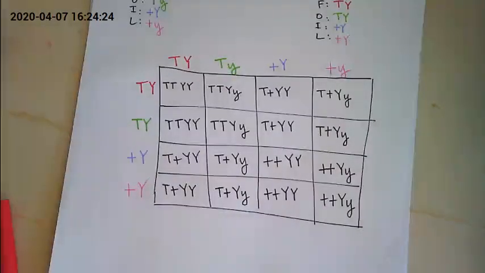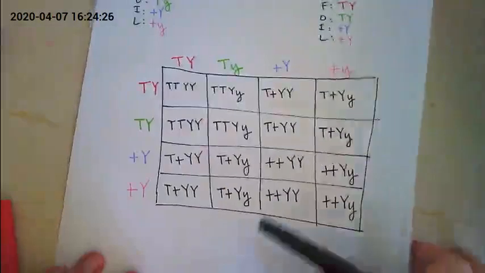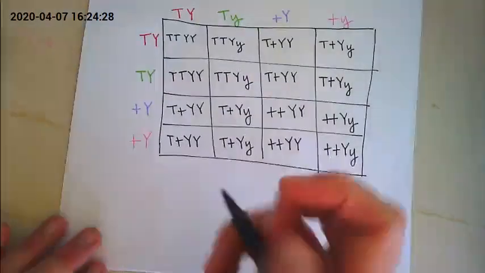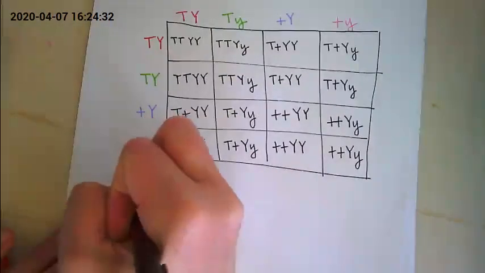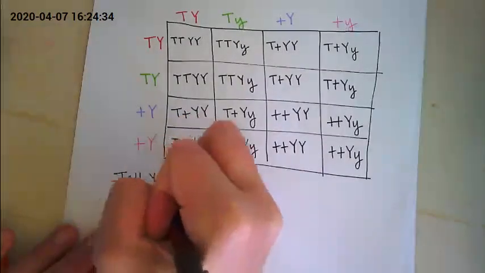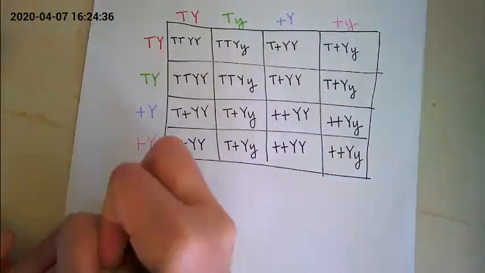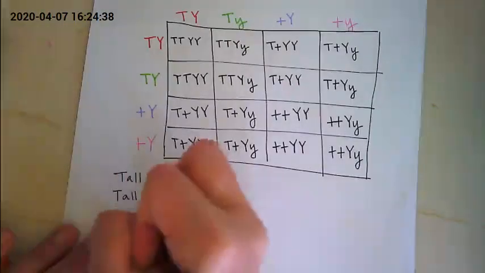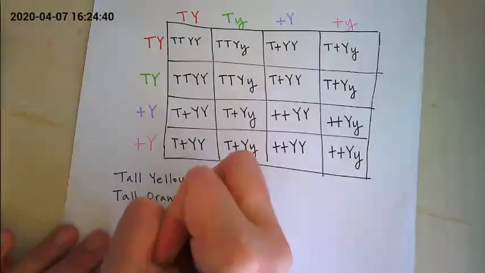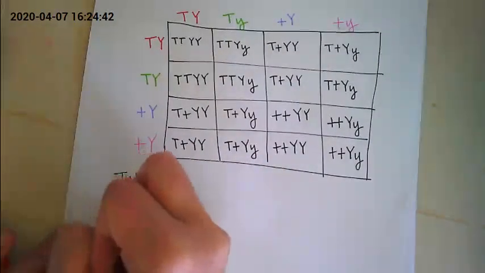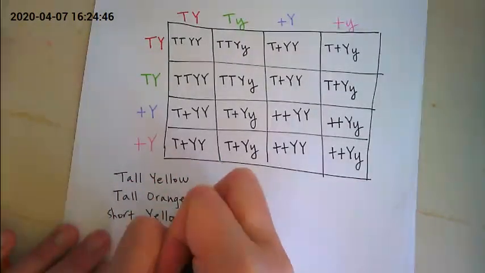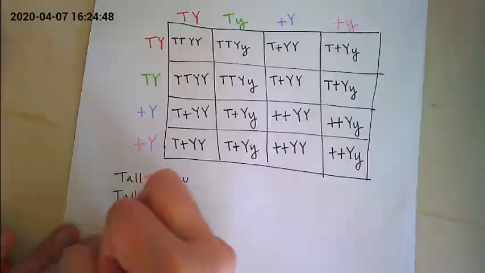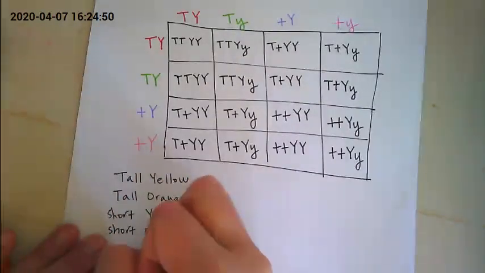Okay, so our possible options, we have 4 possible outcomes. We have plants that could be tall and yellow. We could have tall and orange. We could have short and yellow, or we could have short and orange.